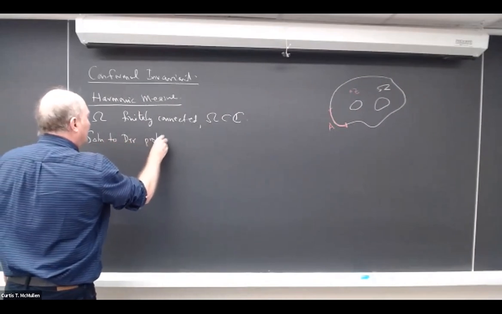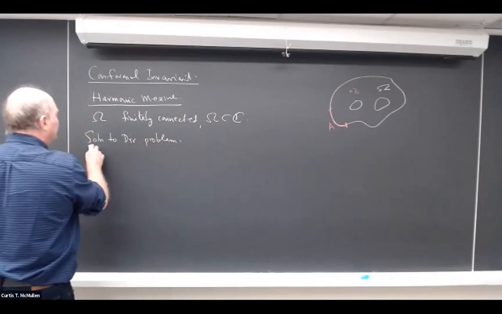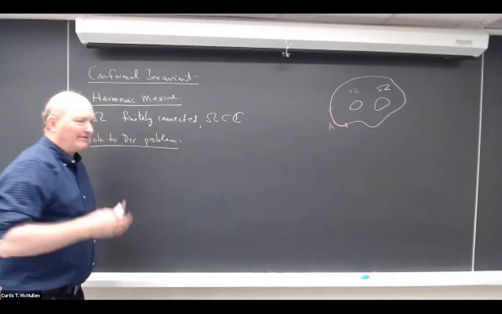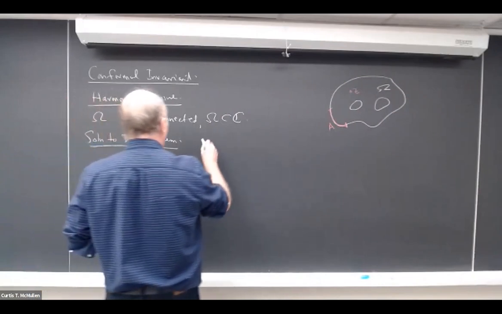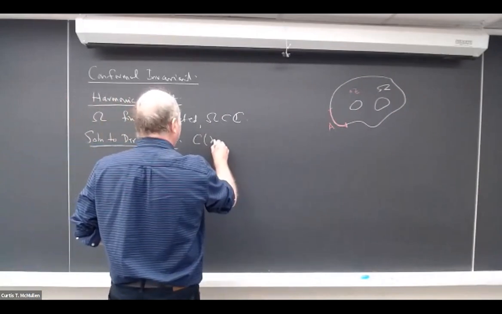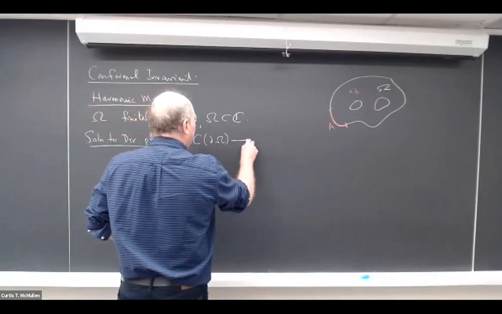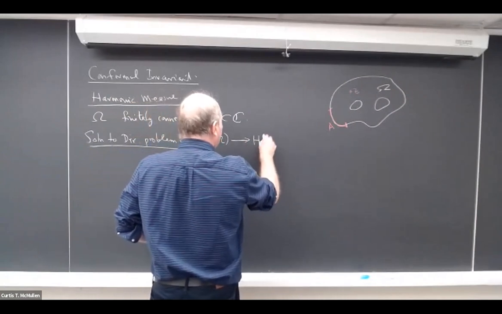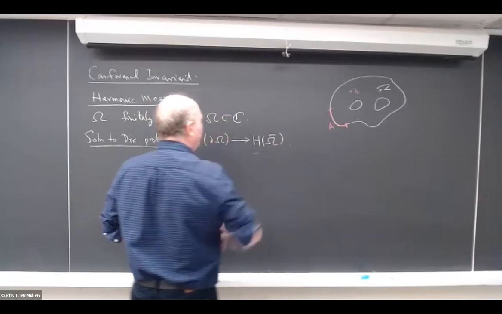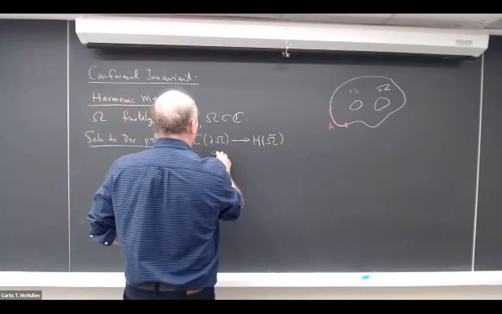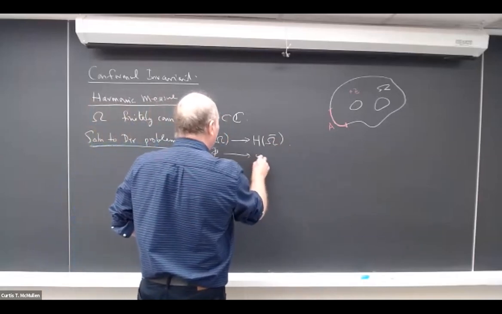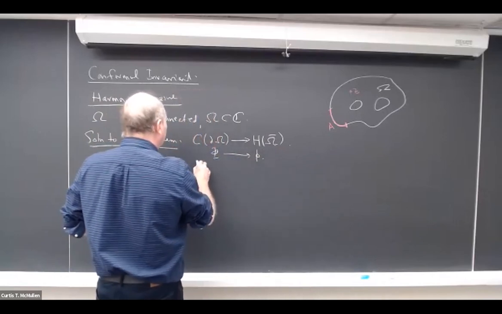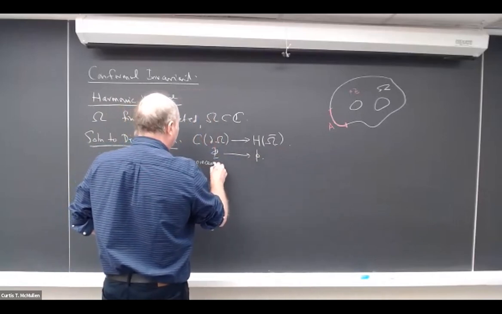In this case, we proved that last time using Schwarz's alternating method. And of course, solving the Dirichlet problem is a conformally natural procedure. So we can take continuous functions and extend them to harmonic functions on the interior of omega. So the boundary values go to something harmonic. But we can also do this for piecewise continuous functions.